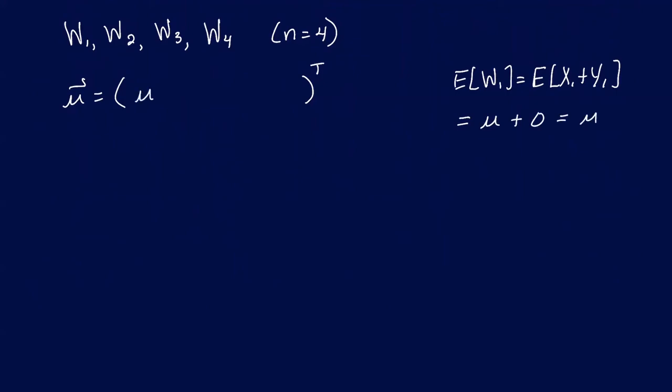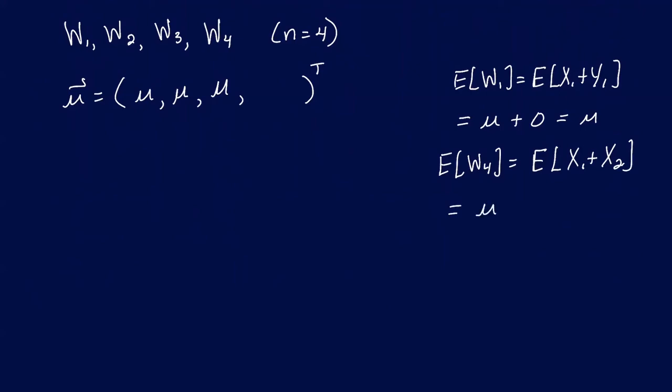And we're going to get that for W1, W2, and W3. And the expected value for W4, this is the expected value of x1 plus x2. And when you run that expectation across, you get the mean mu for the x1, and you also get mu for the mean of x2, so you get 2 mu. So there is the mean vector, and V is going to be a 4 by 4 matrix.